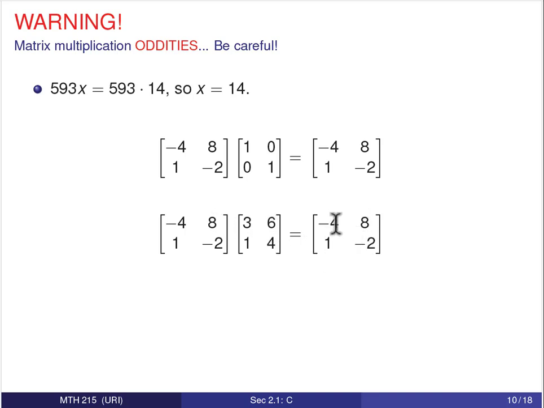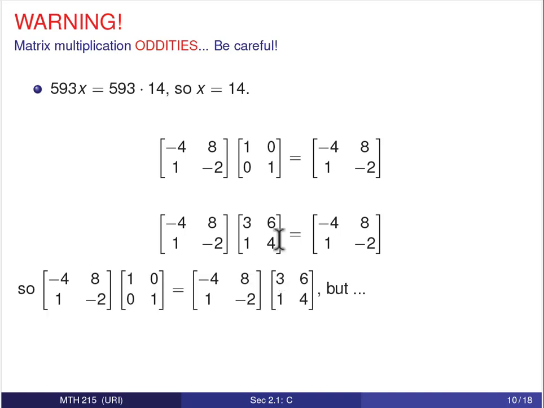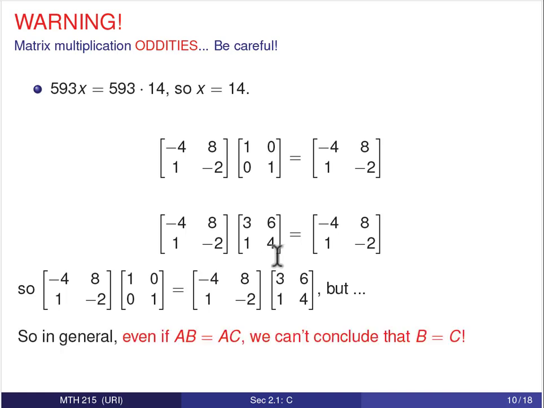And if you were to check the other three entries, you'll see that we do get the same entries, even though this matrix is clearly not equal to the identity matrix. So that's a little bit weird. And if we put these together, if we set these two left-hand sides equal to each other, we have kind of the same setup we had before. We've got something times one thing, that same thing times another thing, and we're able to conclude they're the same, except that here, the identity matrix and 3, 6, 1, 4 are not the same, so we could not just cancel out that first matrix.